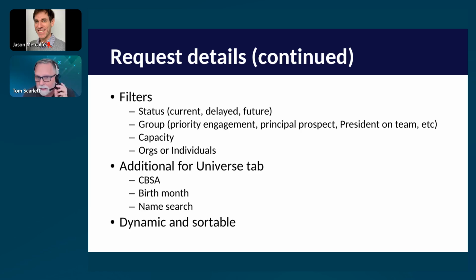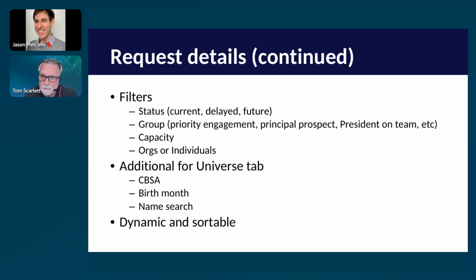She also identified a number of groups, as she called them, to make up her universe, corresponding to folks that have had priority engagement with her or someone else. They are principal prospects, she's on the team, etc. And a particular prospect could fall into one or more or even all of those different groups.